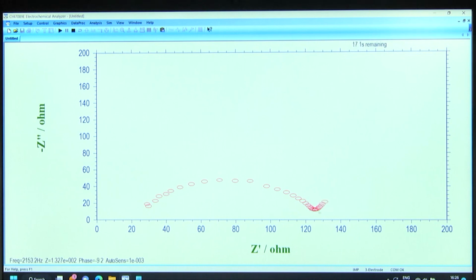Following this, you can see a steep linear increase along the y axis, indicating the effects of Warburg diffusion, or mass transfer effects. This is the overall Nyquist spectrum, which describes the electrode arrangement.